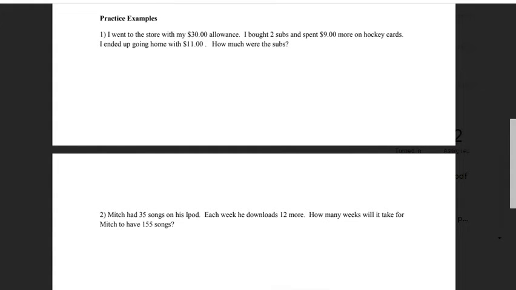It says I went to the store and I had $30 for my allowance. I bought 2 subs, spent $9, and I still have $11. How much were the subs? So right away what I'm doing is I'm saying, let x equal cost of subs.